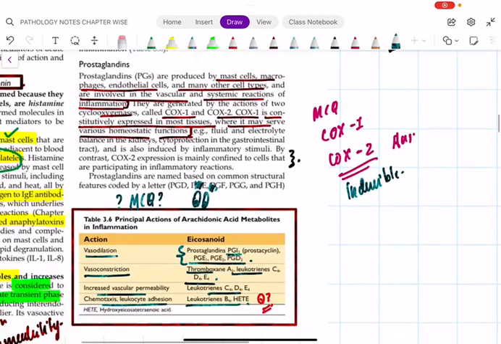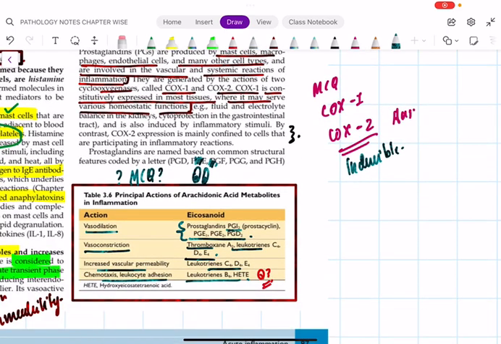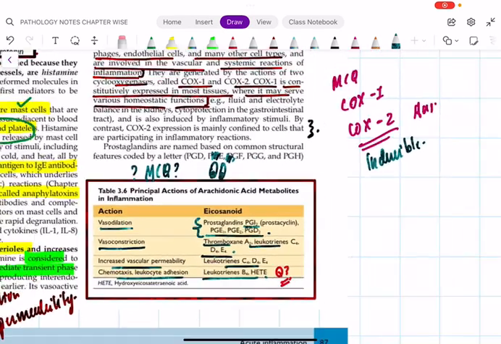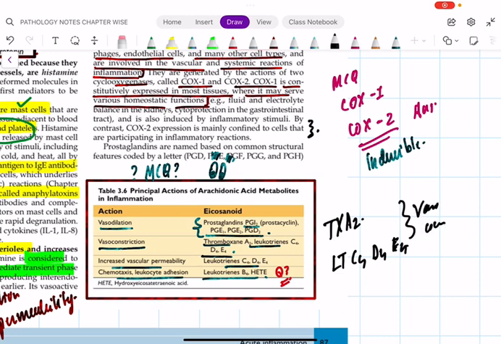Let us once again see the functions of these arachidonic acid metabolites. Please focus on this table. All prostaglandins, I2, E1, E2, D2, cause dilation. But very few, like TXA2, thromboxane A2, cause vasoconstriction. Leukotrienes C4, D4, E4 cause vasoconstriction, and the same C4, D4, E4 also cause increased vascular permeability.